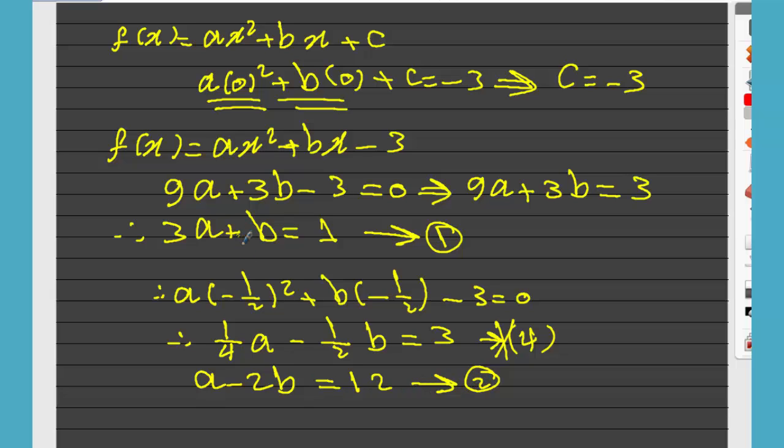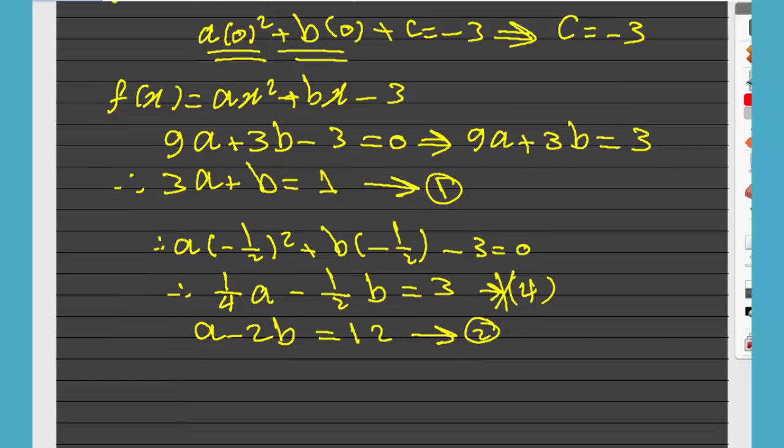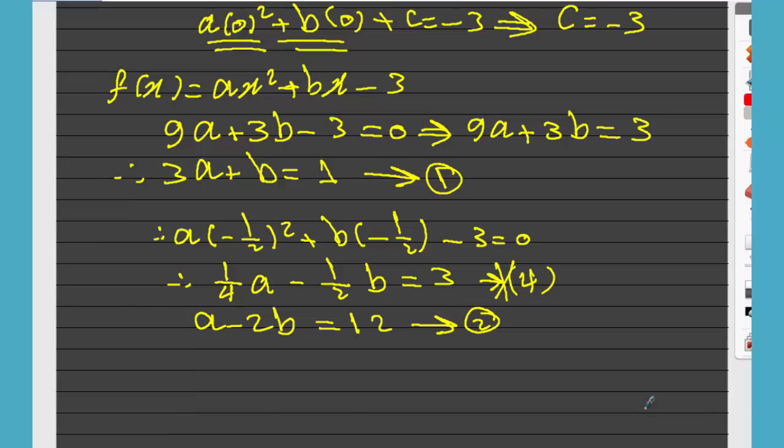And we will solve these two equations, 1 and 2. Of course, there are many methods to solve these two equations. Okay, so I consider a equals 12 plus 2b from equation 2, and we'll substitute in equation 1.